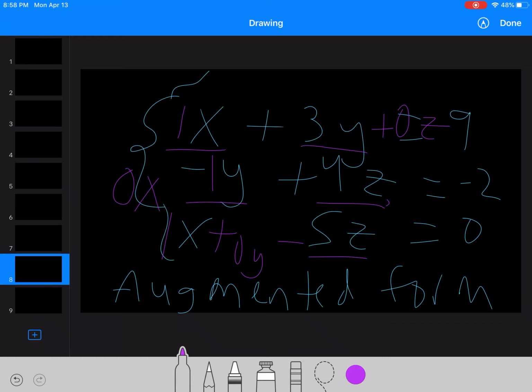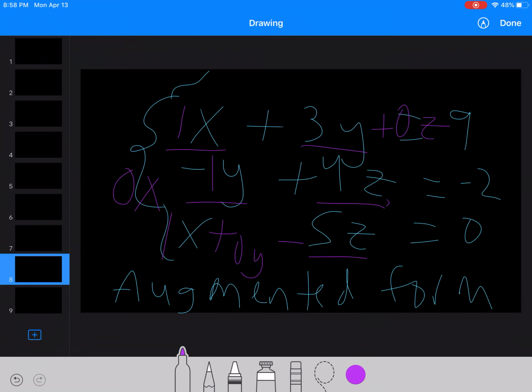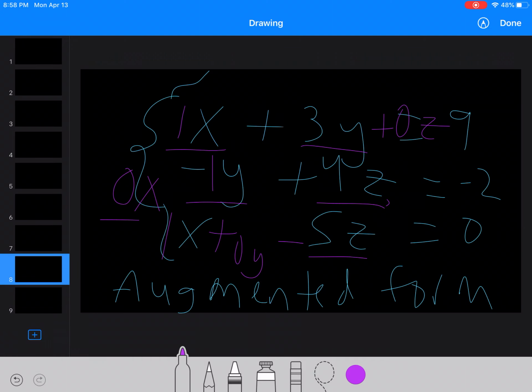So this is what we have. Let's look at the matrix. On the matrix, we're going to have a 3 by 4 augmented matrix. So my first row is 1, 3, 0, 9. Now the 9 is on the right of the 3 dots. My second row is 0, negative 1, 4, and negative 2.